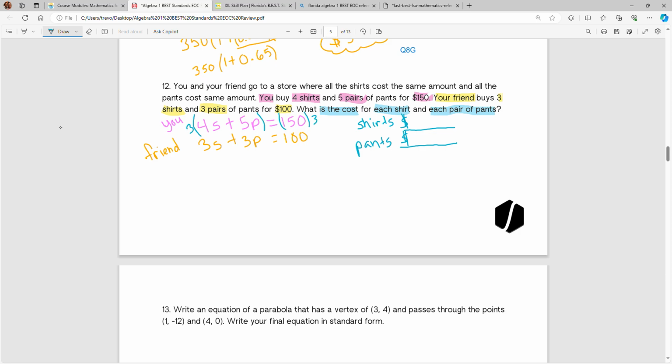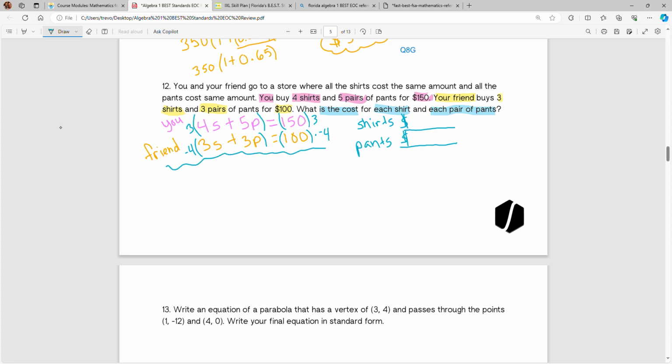And this bottom one, I'm going to multiply both sides of my equal sign times -4. And I'll write that right underneath here.